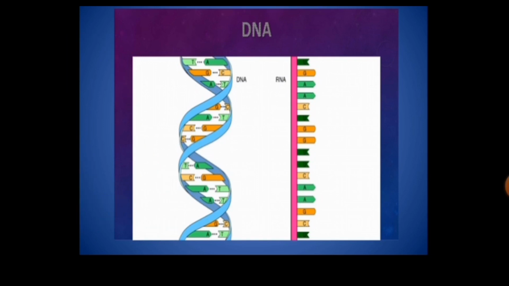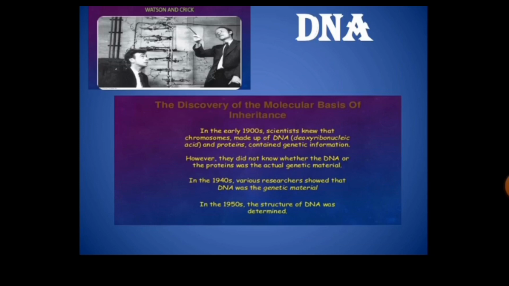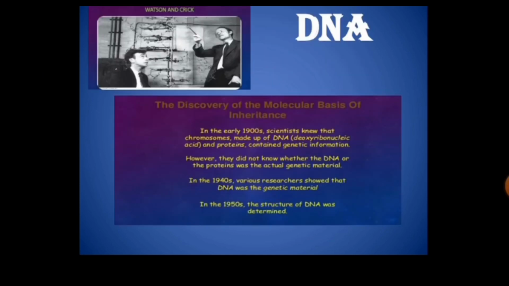Talking about DNA, it is a polynucleotide chain because small nucleotides join together and form a polynucleotide. Poly means many, polymer means many monomers, polynucleotide means many nucleotides. So the monomeric unit of DNA is the nucleotide.